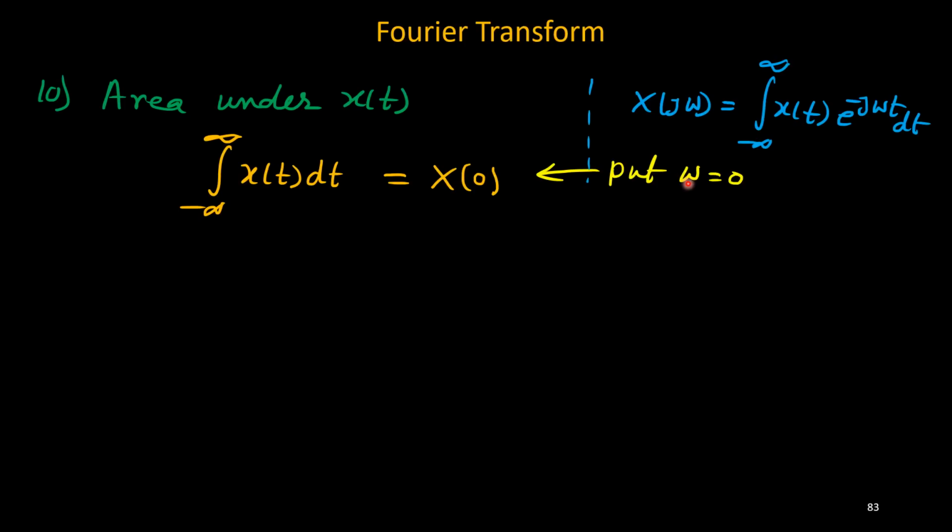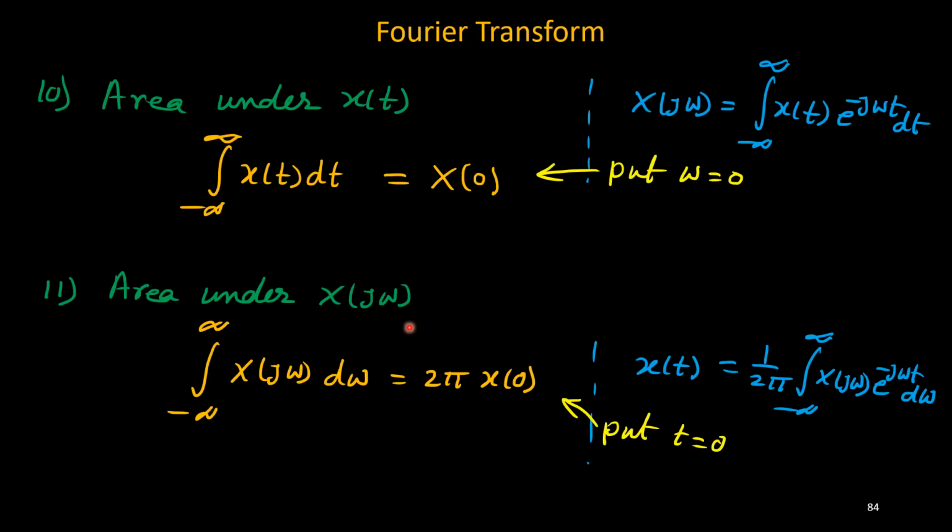Just put omega equal to 0 on both sides. On the right side, this part will become 1. Thus this is the integration of x of t dt, and the left side is X of 0. That's all. But this is useful because sometimes an integration is not easy to compute, but if I know its Fourier transform, we can easily find its value at the origin. So that will give you the integral. I'll discuss this property.